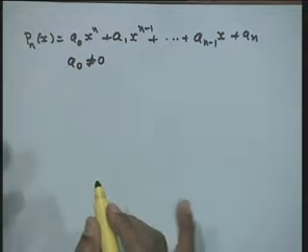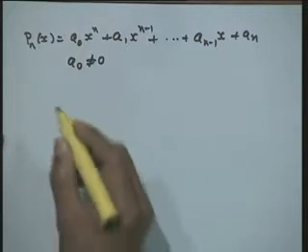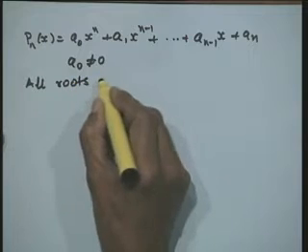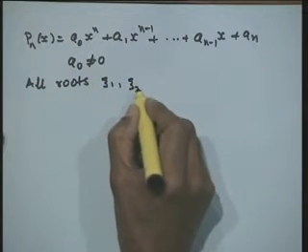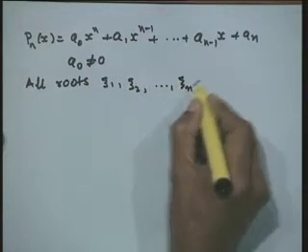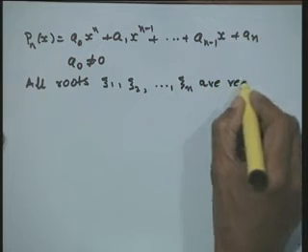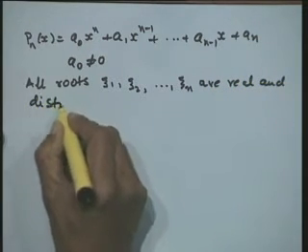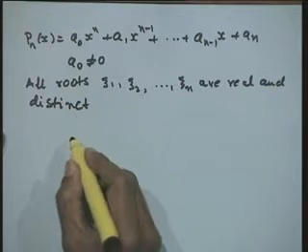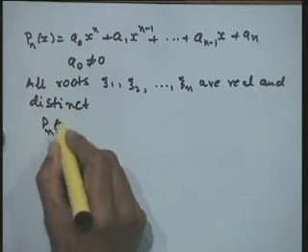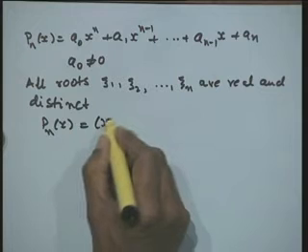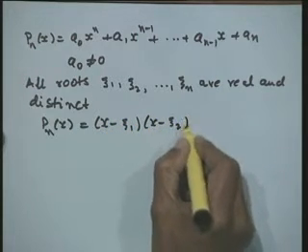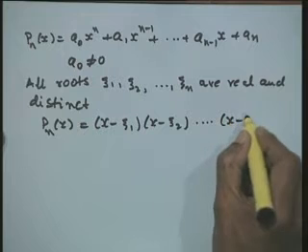Now, if all the roots are real and distinct, so let us take the case of all roots xi 1, xi 2, xi n are real and distinct. Then I can always write this polynomial p n x as a product of the linear factors x minus xi 1 into x minus xi 2 so on x minus xi n.